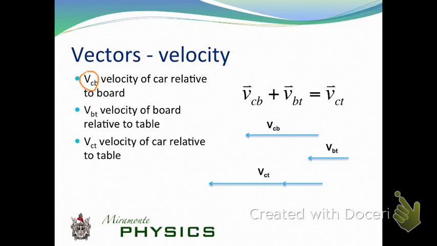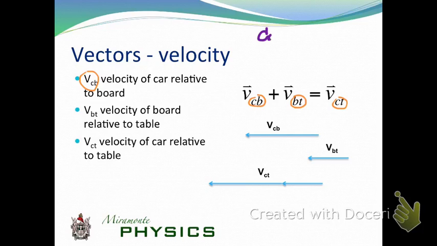So we have that little C and the B, car relative to board. If we have the velocity of the board relative to the table, that would be board relative to table. If we add those two velocity vectors together, that will give us the velocity of the car relative to the table. So CB goes with BT, and you form CT, so the B in the middle kind of drops out.